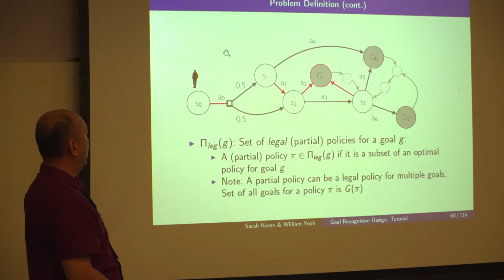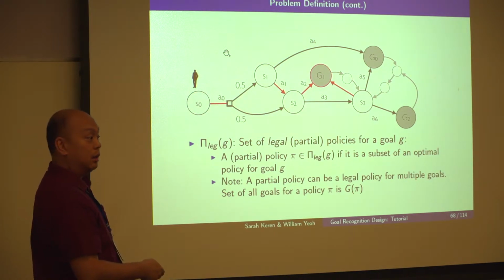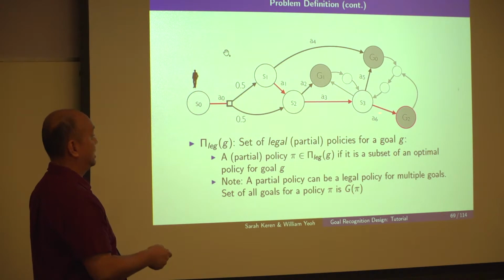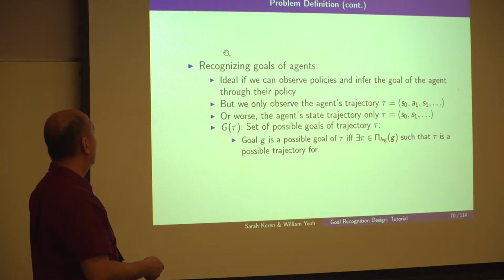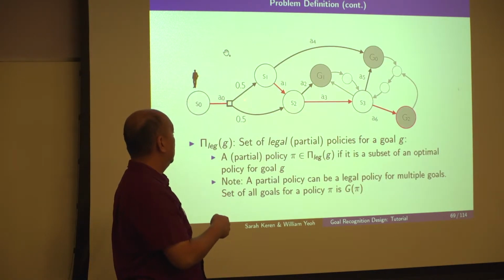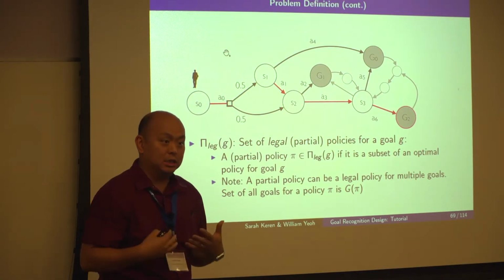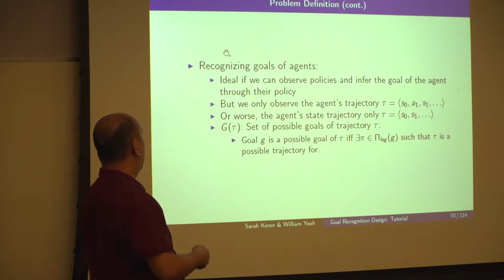If the goal is G1, now you can think that the actions that they want to take are slightly different, right? If the goal is G2, the actions that they want to take are slightly different again, right? So then if you want to recognize the goals of the agents, we want to see what actions they can take and so on, and we want to define WCD using that information.